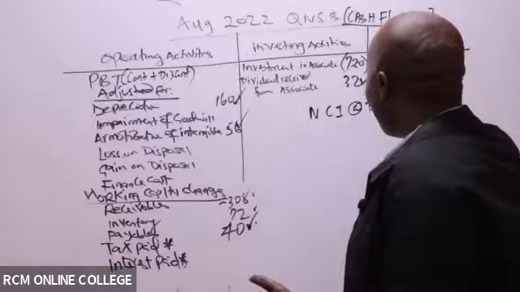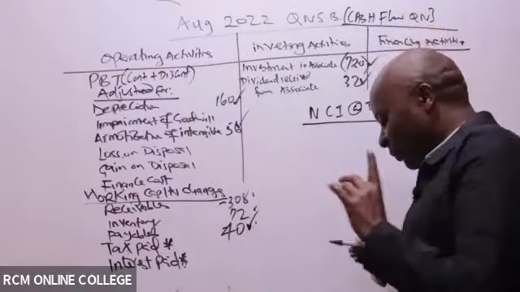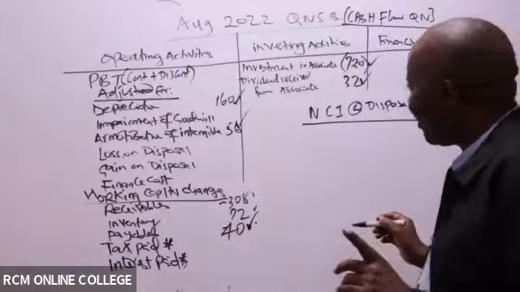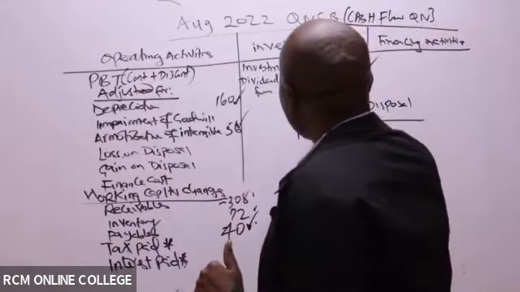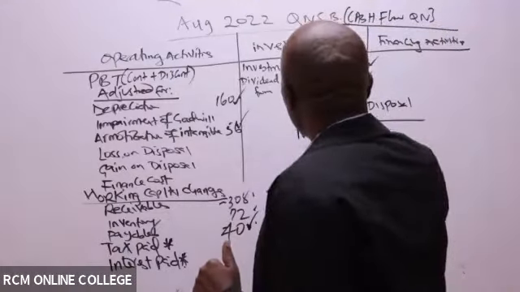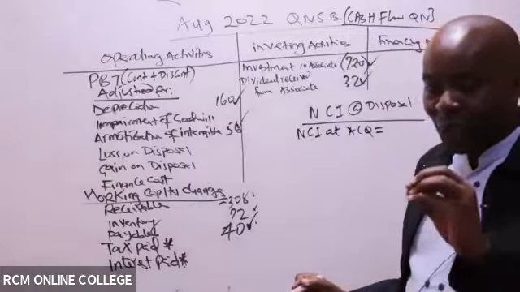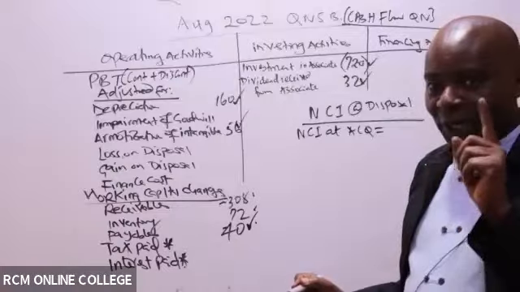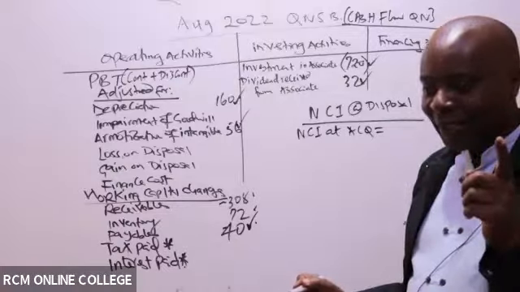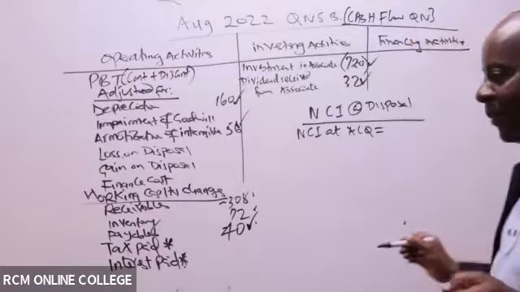I'm looking at NCI out of this subsidiary that was disposed. So give me, ladies and gentlemen, the NCI at acquisition, the figure that you took when you were calculating the goodwill.